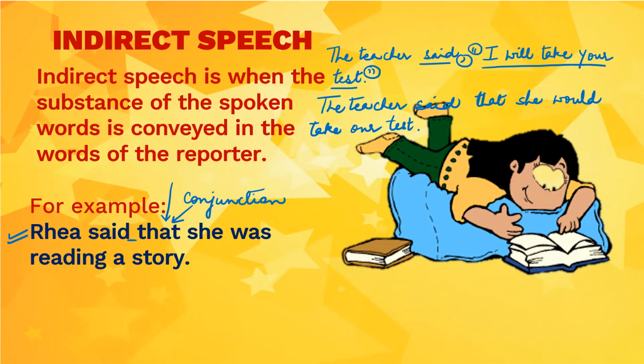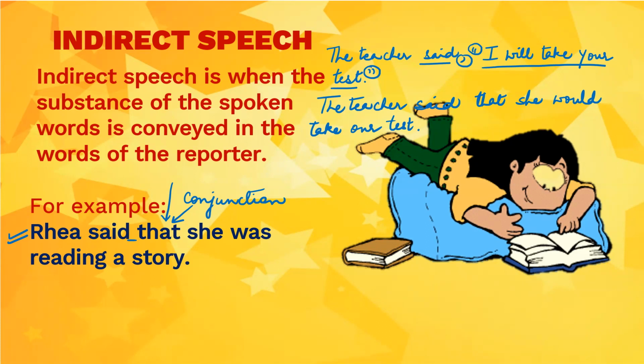Ria said that she was reading a story, because now this particular statement is coming through you, keeping the substance absolutely same. The thing which is to be conveyed will not be changed, but the manner will be changed. And when we change the manner of our conveying the substance, certain changes will take place.